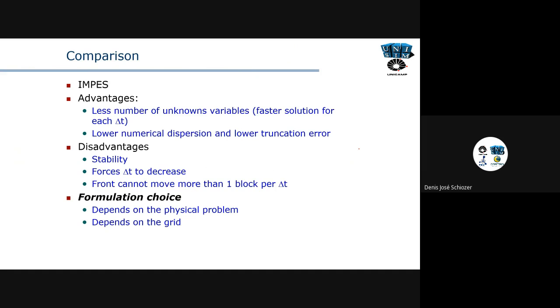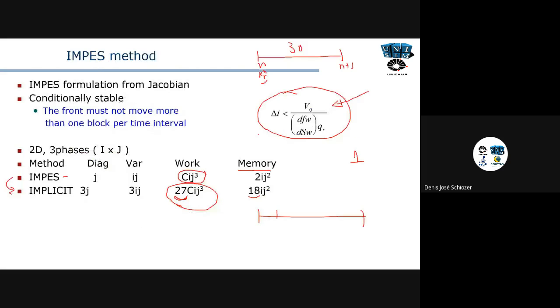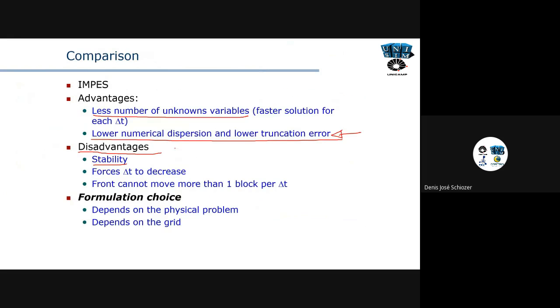So we have this comparison. The implicit method has fewer unknowns to solve. And I'm not going to show it here, but if you are more interested, there is some literature showing that the numerical dispersion is a little bit smaller than in the implicit solution, okay? But there are some disadvantages. It's not stable because of this. The time step has to be small. If it's too big, it will not converge.